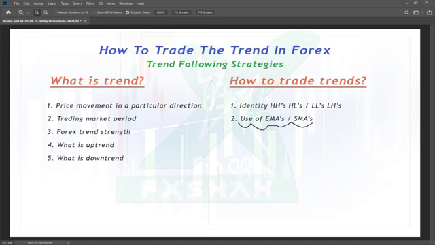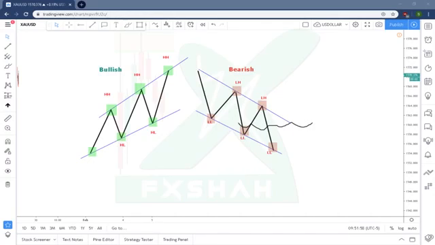Normally, we use the 200 EMA or SMAs. SMAs are simple moving averages, EMAs are exponential moving averages, right? So you can use EMAs in your trading to identify a trend.